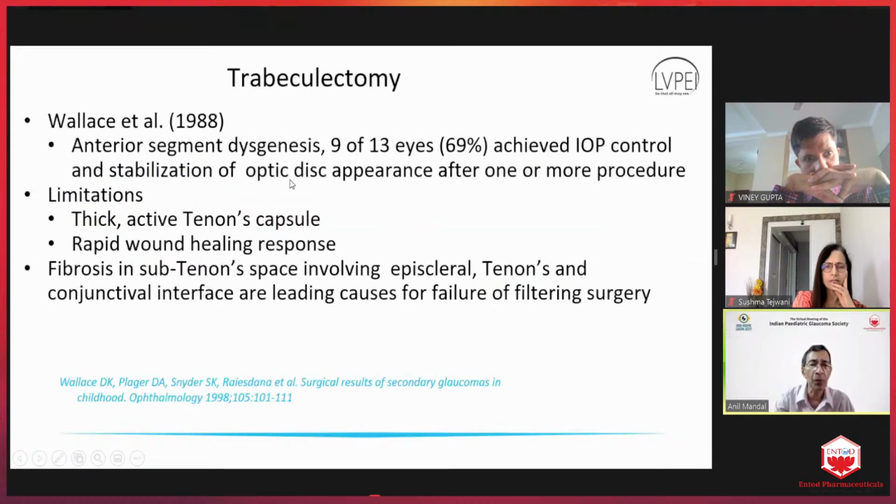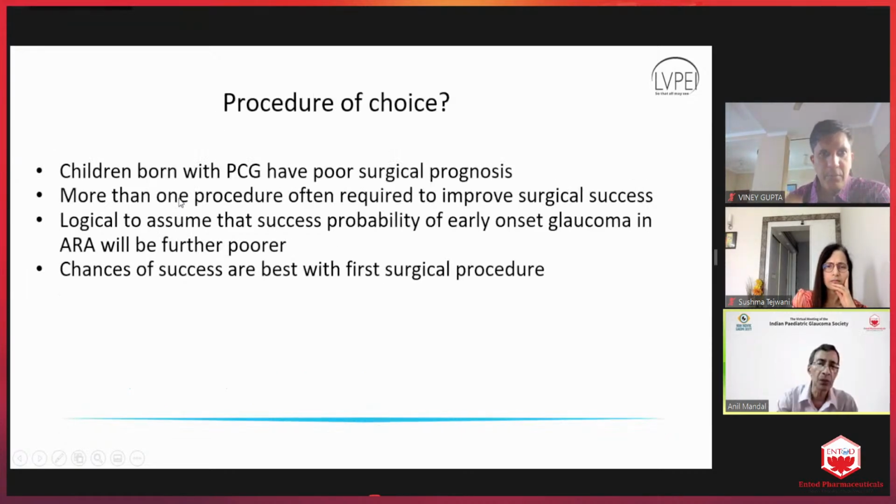Wallace reported on anterior segment dysgenesis: 9 of 13 eyes achieved stabilization of disc appearance, and trabeculectomy with mitomycin is the way to go according to his choice.